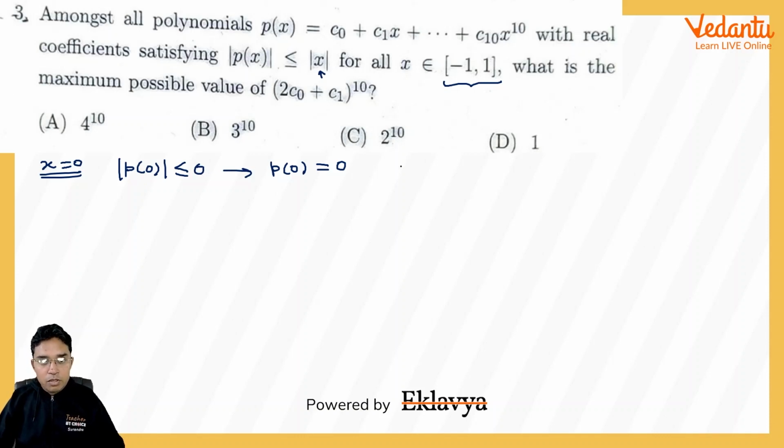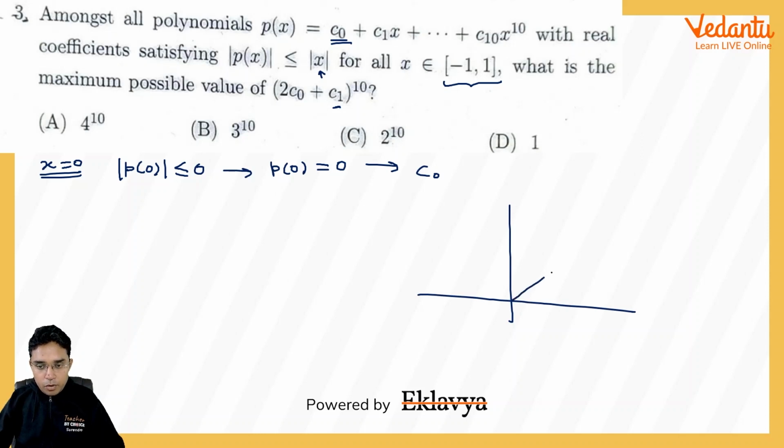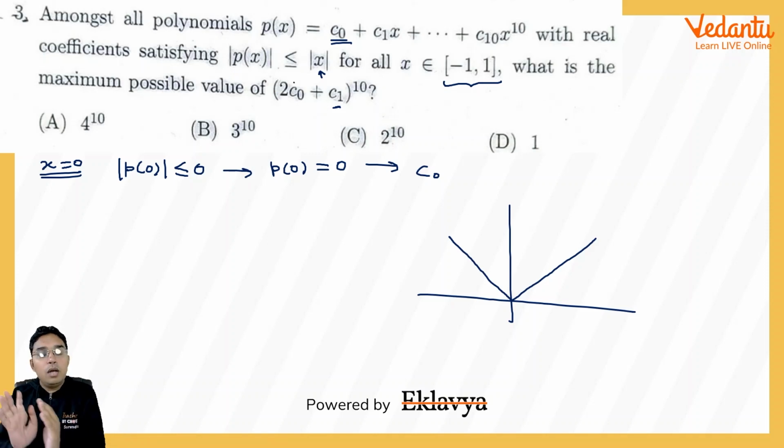If p(0) is 0, that means this constant term c0 has to be equal to 0. Now to talk about c1, what we can do, we can draw the graph of |x| like this, and we want the graph of p(x) so that |p(x)| lies below or just superimposes this graph of |x|.